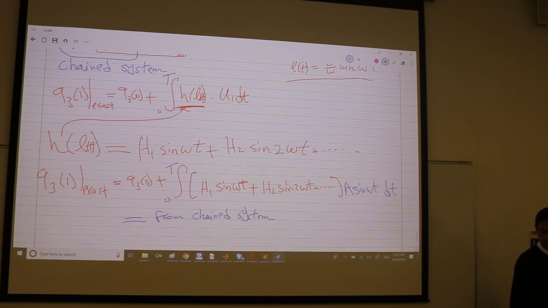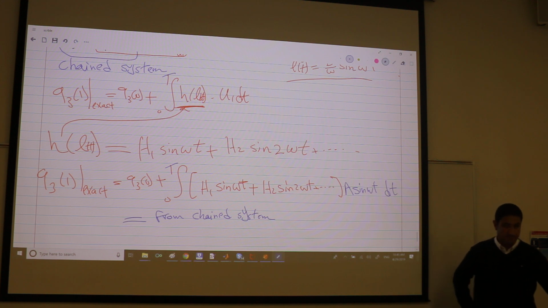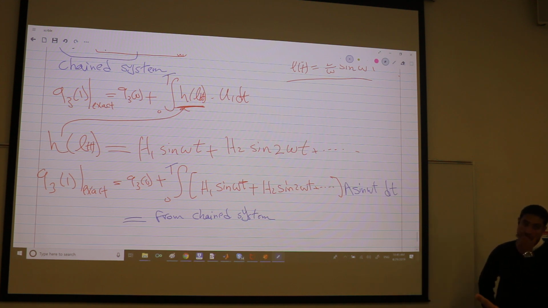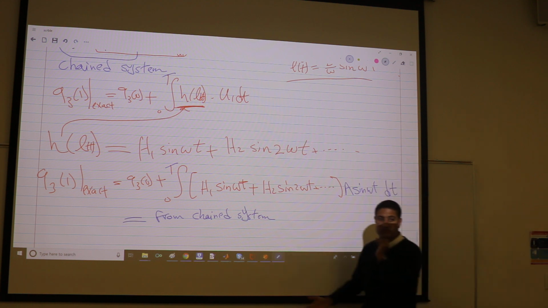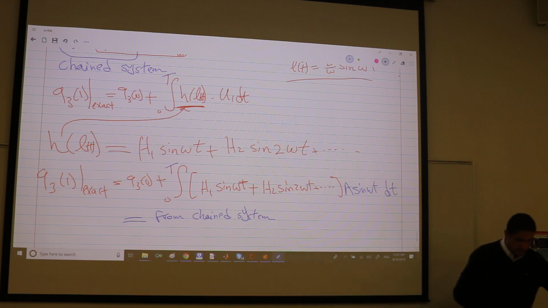Yes, please. For small h to expand it in a Fourier series and have constant coefficients at the main frequency and multiples, this means that this function is periodic. Well, yes, because the input was periodic. You're right. But is small h alone periodic?